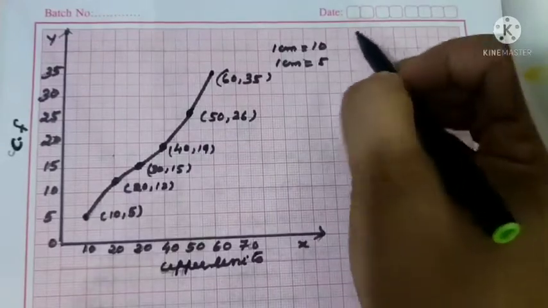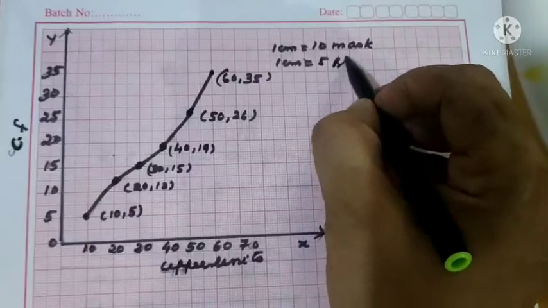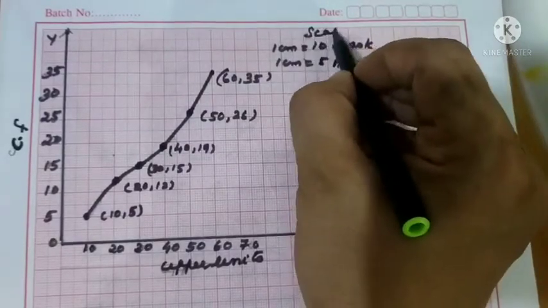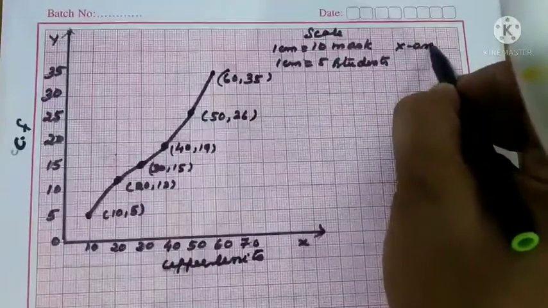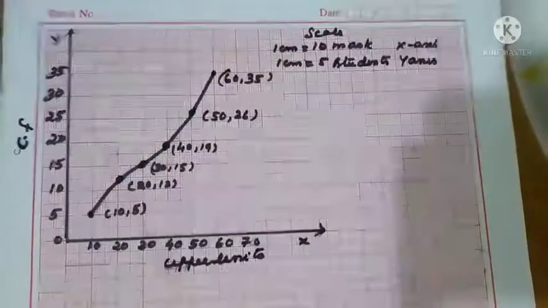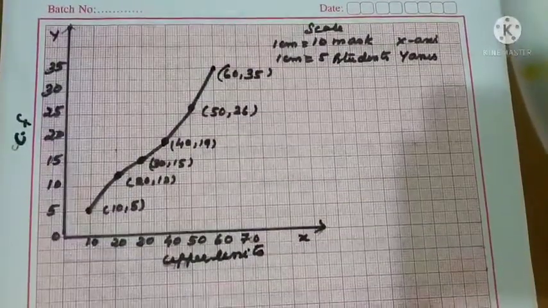Here number of students are there, so 10 mark is here, and here students. Scale. Here x-axis, then y-axis. If it is possible to specify, specify it, otherwise we cannot. Just write it and 1 centimeter equal to 10 only.